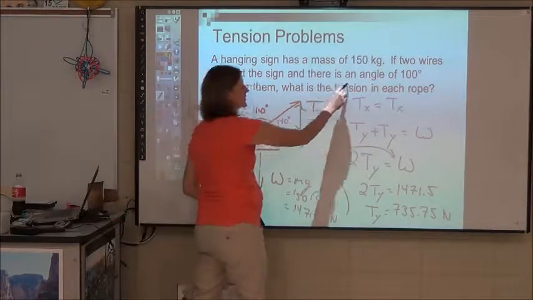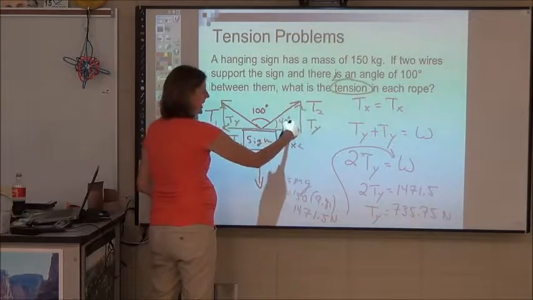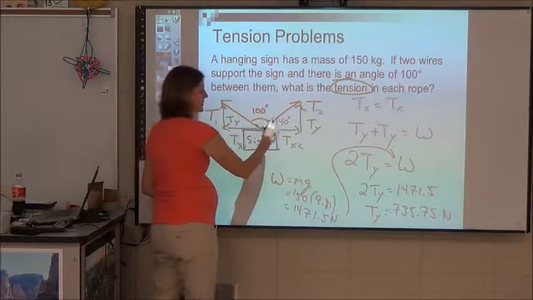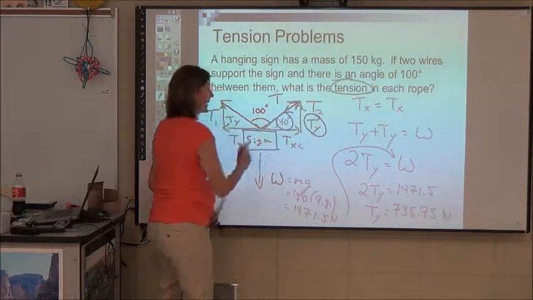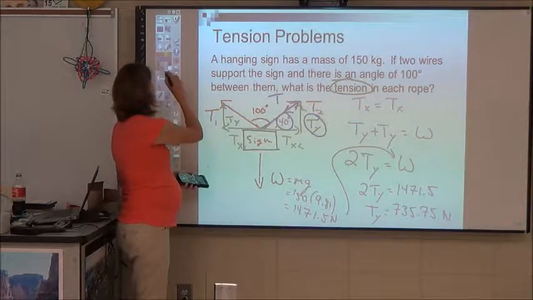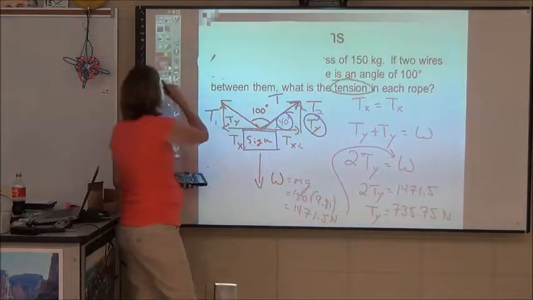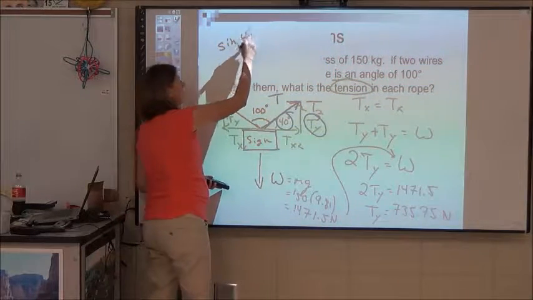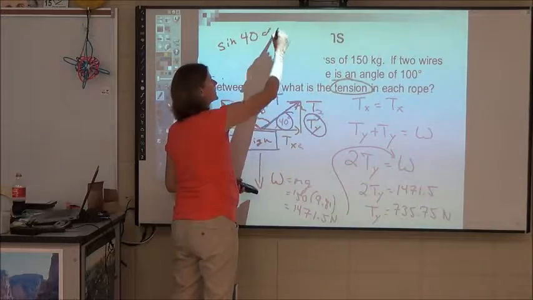What is the tension in each rope? Okay, now it's just a trig problem. I know Ty, I know the angle. I can find the hypotenuse. The hypotenuse is the tension. So I want that, I know the angle. So I know the opposite side, and I want the hypotenuse. That's going to be sine of 40 equals opposite over hypotenuse.